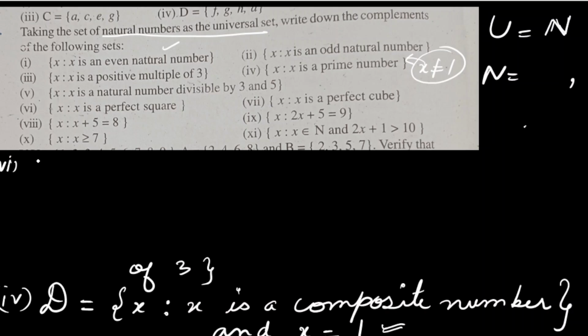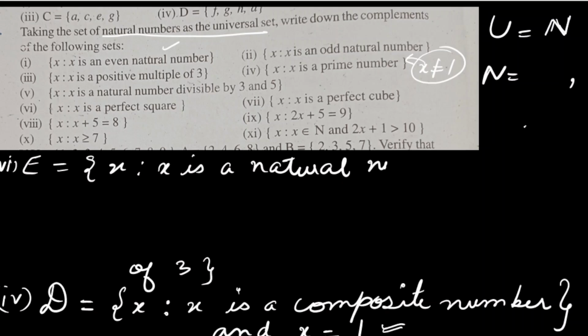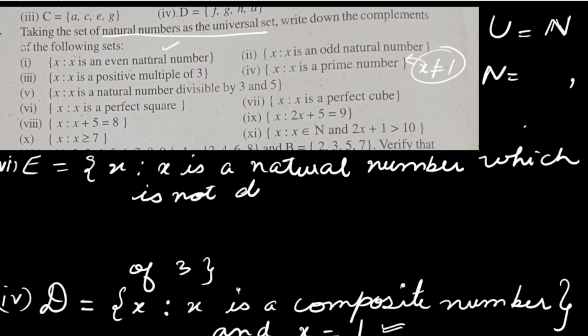So its complement, because we are writing the complement: X is a natural number which is divisible by 3 and 5. So we'll consider the set X is a natural number in which X is not divisible by 3 and 5.